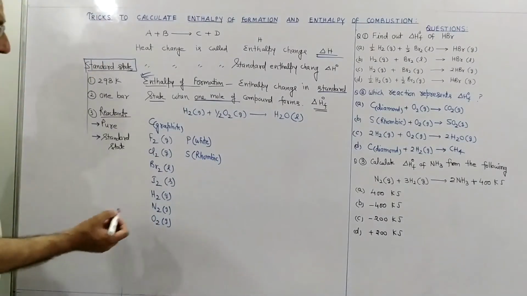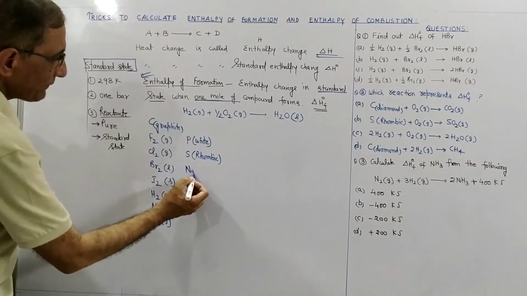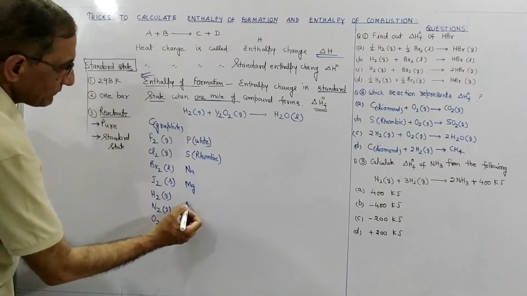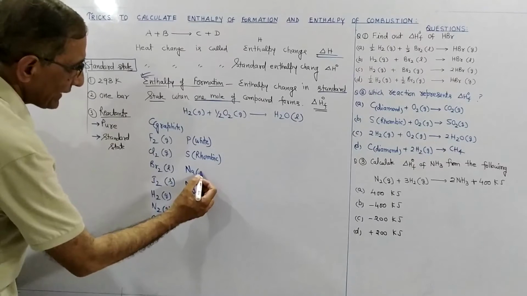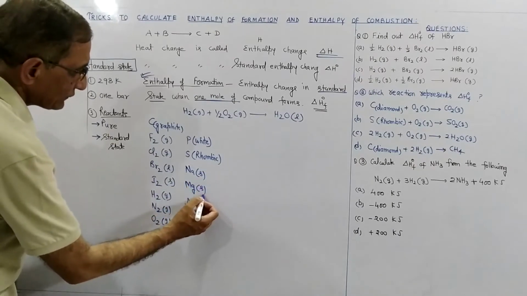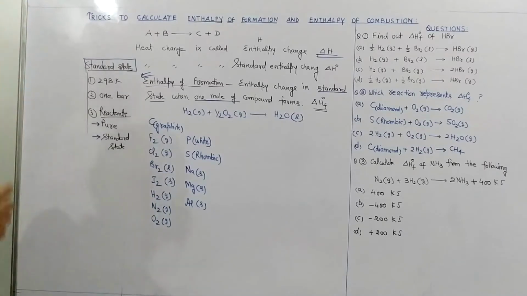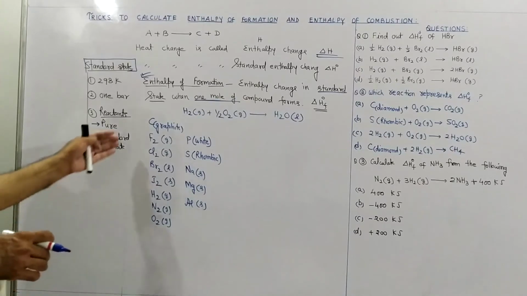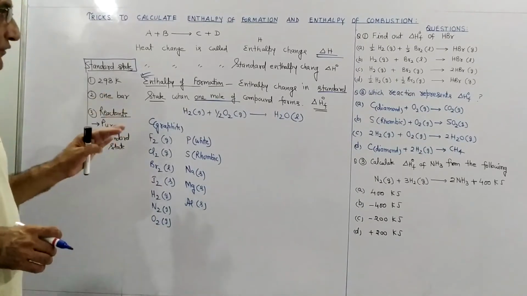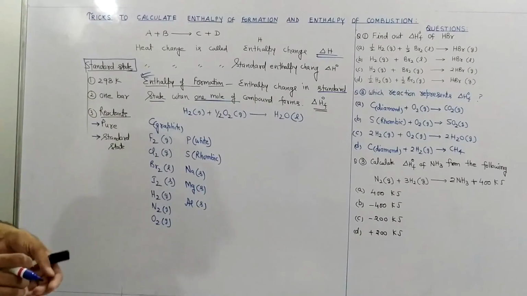And in case of metals like sodium, magnesium, aluminium, you have to take their solid state. So I gave you some examples of standard states of various elements. Whenever you try to solve this type of question, always check whether the given elements are present in the standard state or not.